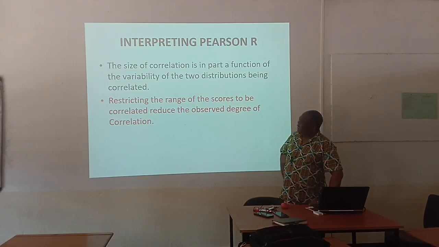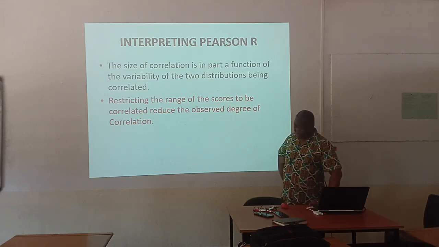The other aspect I would like you to take note of is that when you are interpreting a correlation coefficient, remember that the coefficient is in part a function of the variability of the two distributions and in part the association of those two distributions.